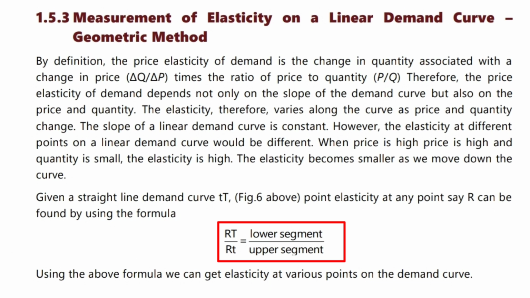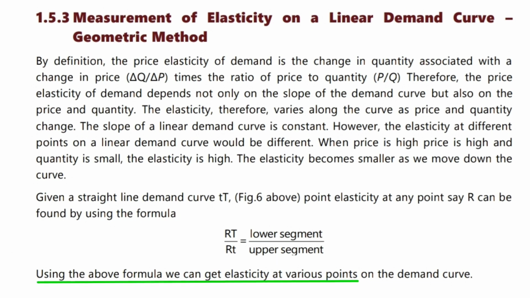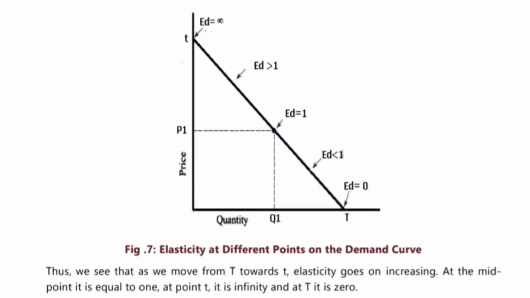Otherwise, lower segment divided by upper segment. Using this formula for any point Q or R or S on the curve TT, the point elasticity could be easily found out. So, in figure 7, you have various points there.